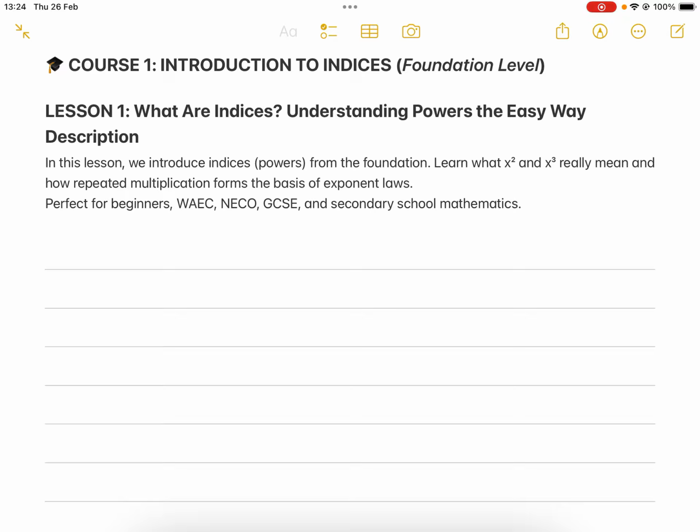You will learn what x raised to power 2 and x raised to power 3 really mean, and how repeated multiplication forms the basis of exponent laws. This course is perfect for beginners, for those who are preparing for WAEC examinations, NECO, and those who are studying secondary school mathematics.